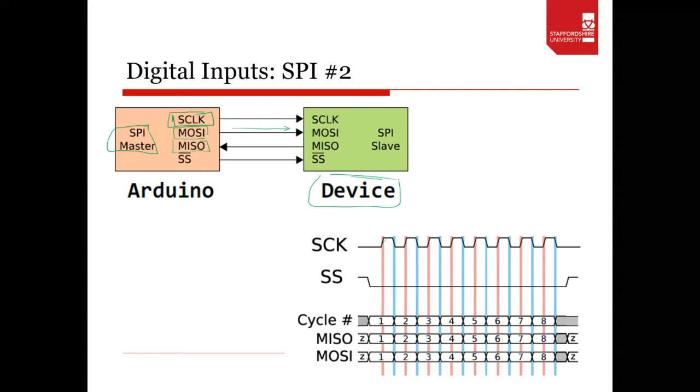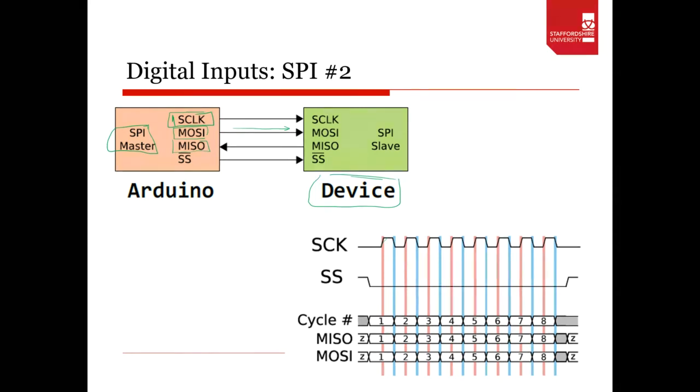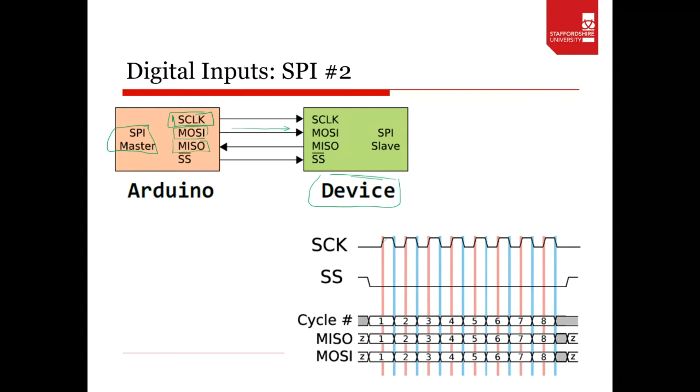In this case, this has got 4 wires for serial to parallel. This is generic. So master output is coming out from the master. If this is the display, this would be your data from the Arduino to a display.